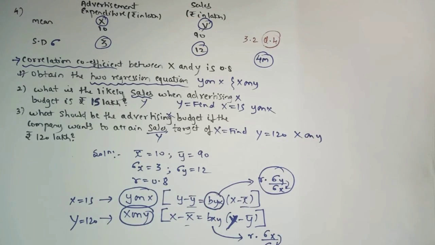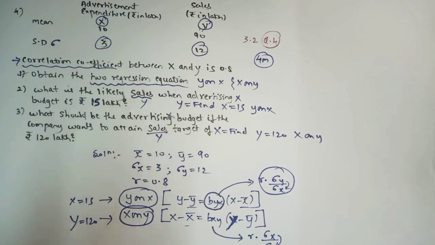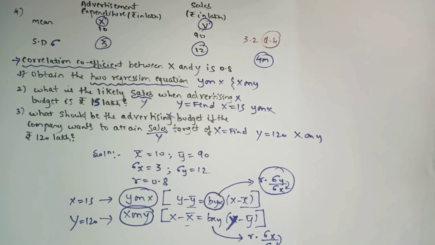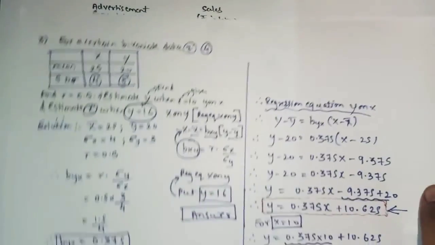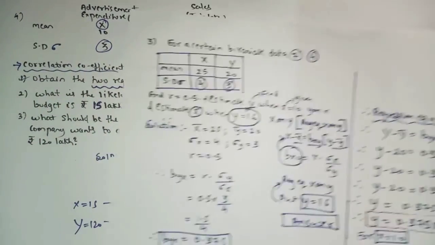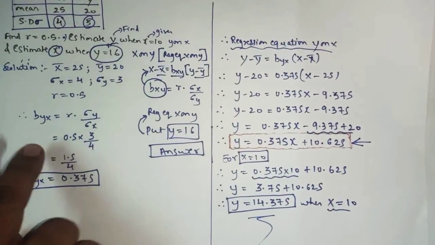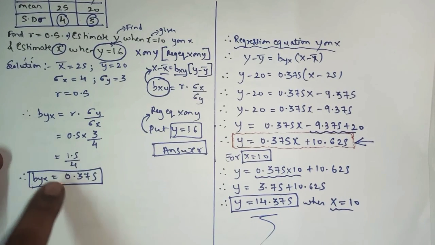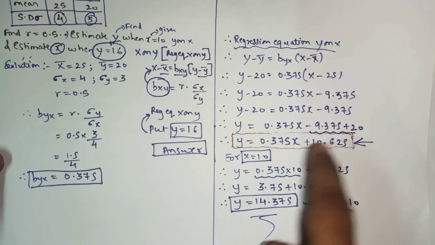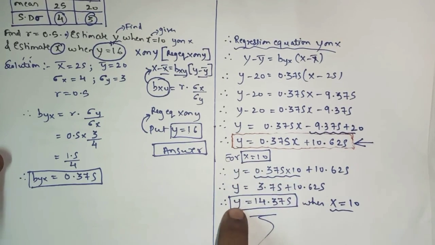It is very simple. The change is the pattern of the question. As a pattern of the question, it is in statement sum. When you see the third sum as we did just now and the fourth one, actually it is one and the same. First we applied the byx formula to get the answer, then the regression equation, then after that we substitute the value of x to get the value of y.